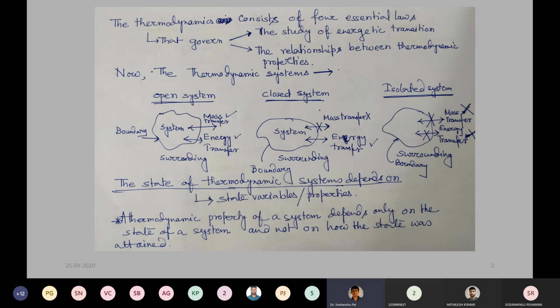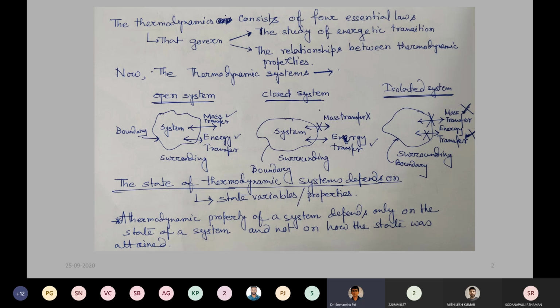And the word used in thermodynamics is system. And what is a system then? A system is a part of the universe that you are considering when you are working on a certain problem. So in a formal way, you can say that a system is a part of the universe under consideration.